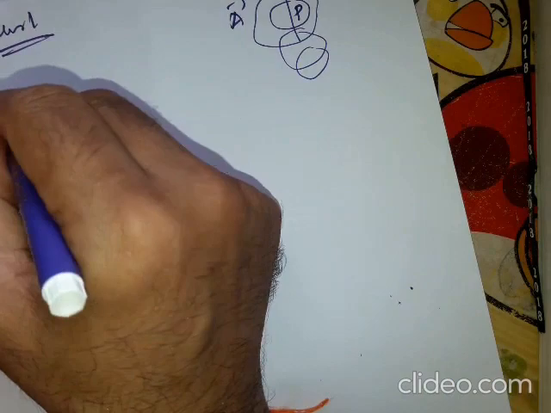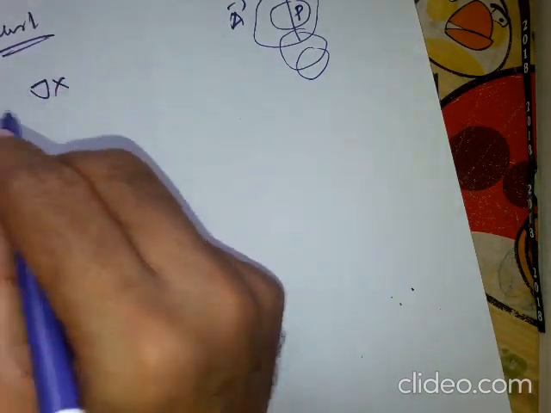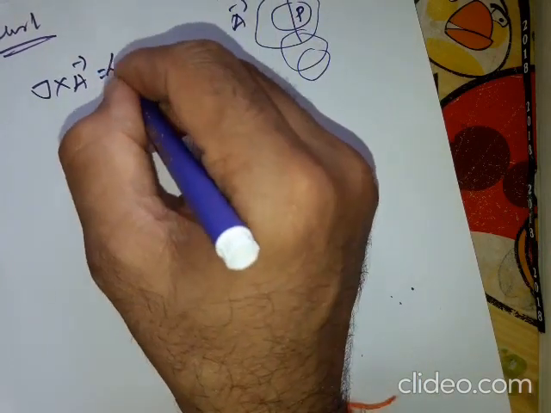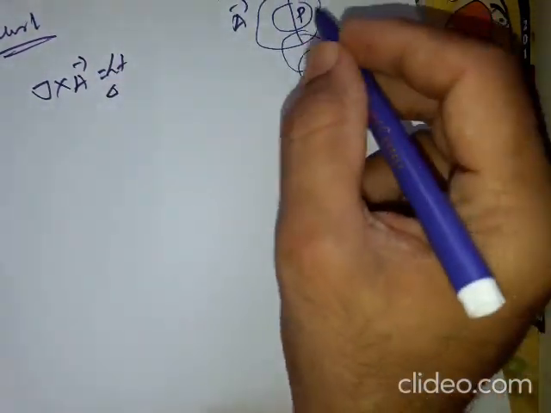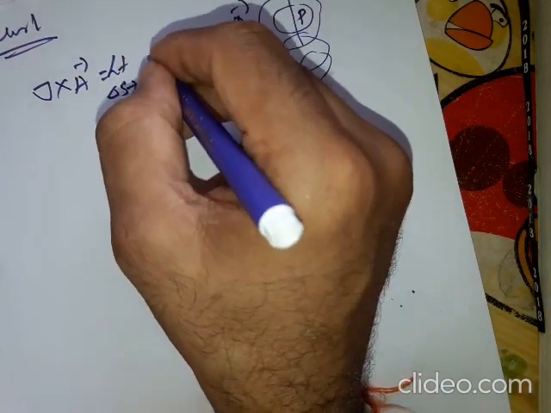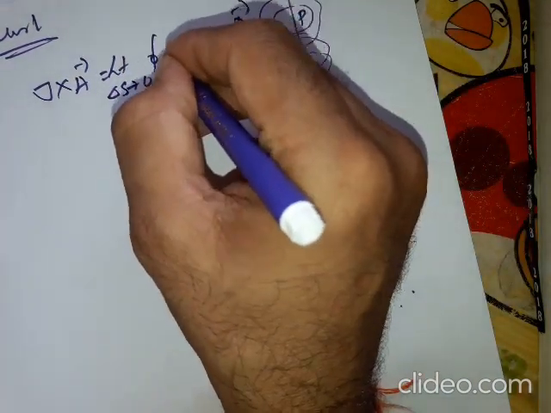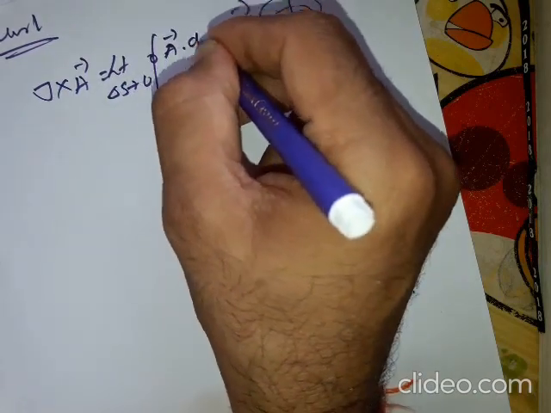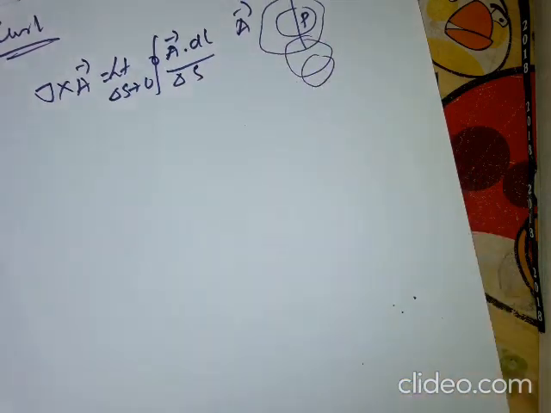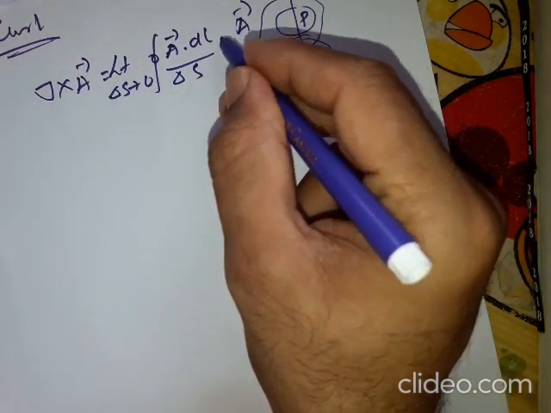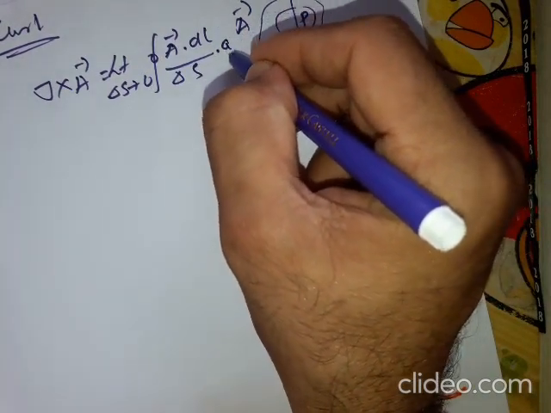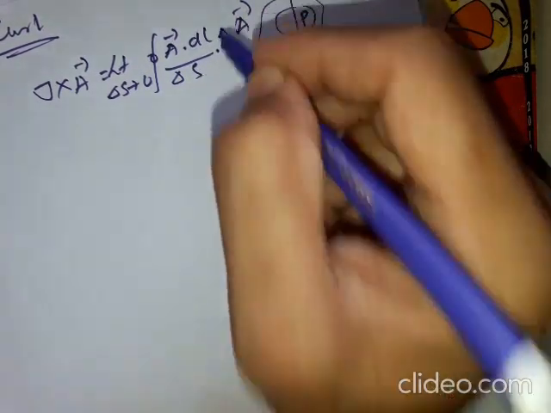So it can be written as the curl, del cross A, is equal to the limit as the surface del S tends to 0 of the line integral of vector A dot dl by del S, into a vector, which I can call an cap.